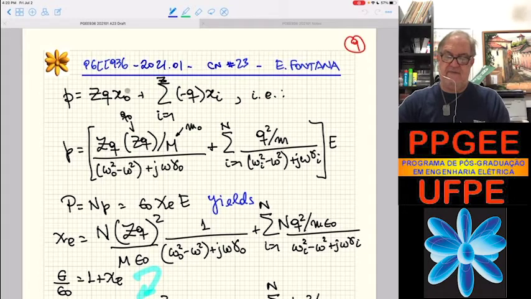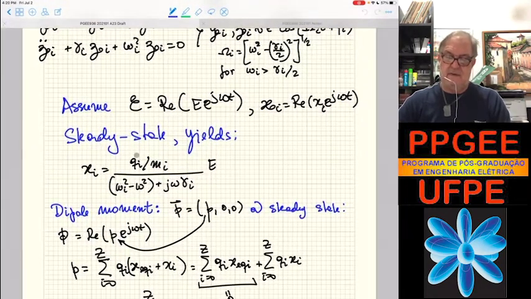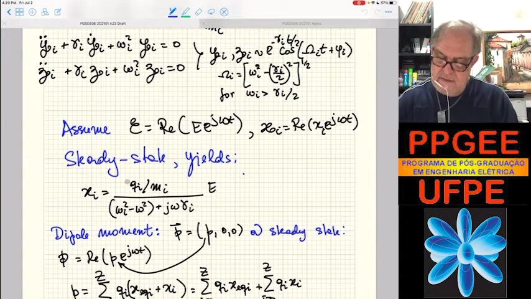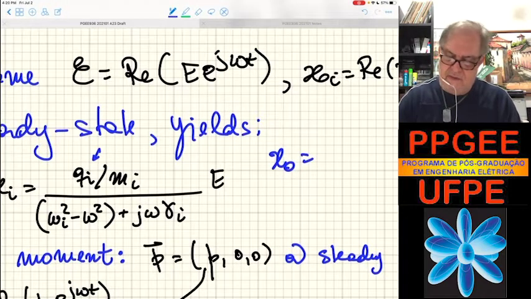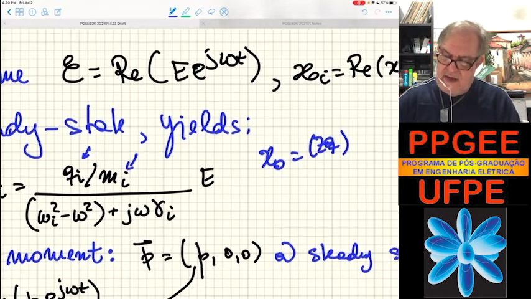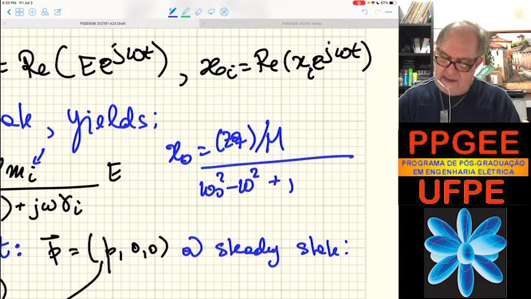Then we're going to have x0 has a Zq here, right? x0 equals q0, which is Zq, m0 equals m. Then you have ω0 squared minus ω squared plus jωγ0.